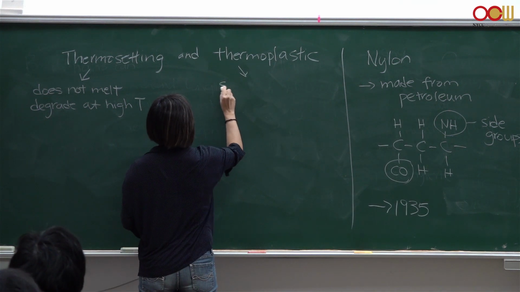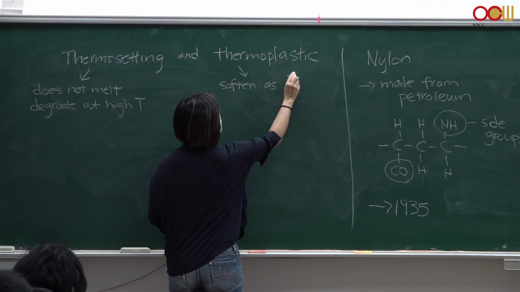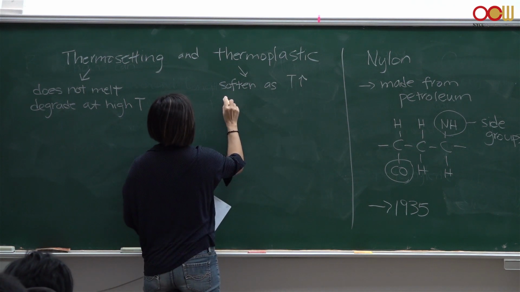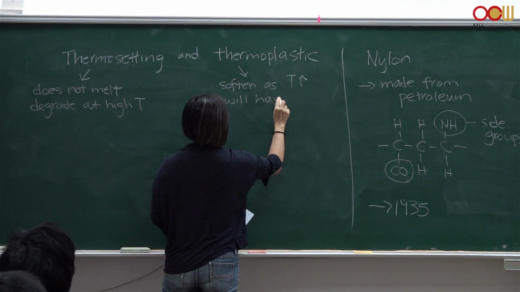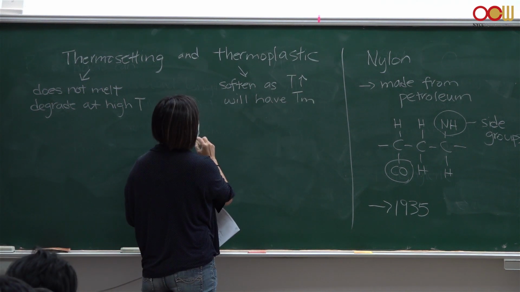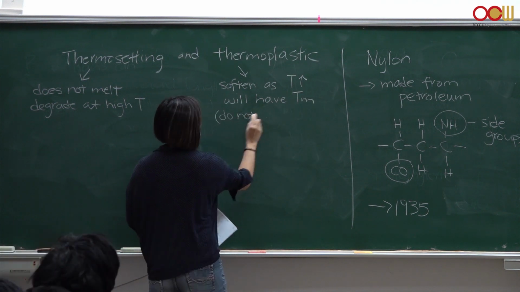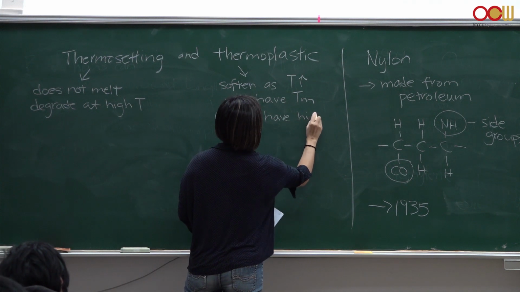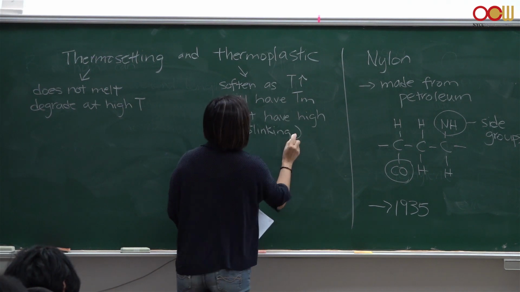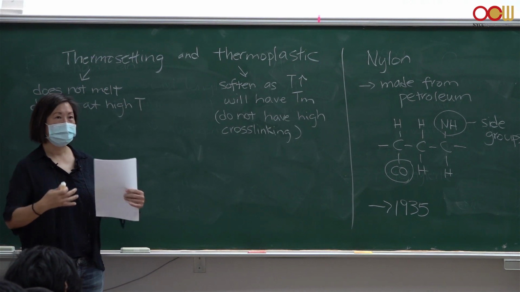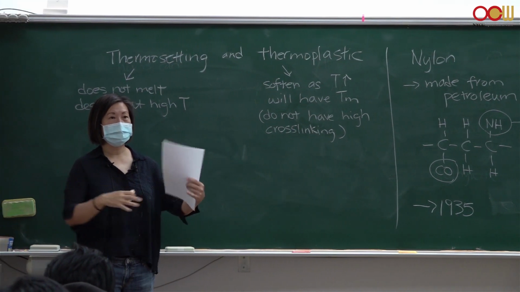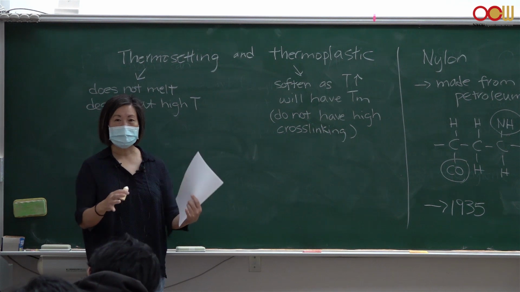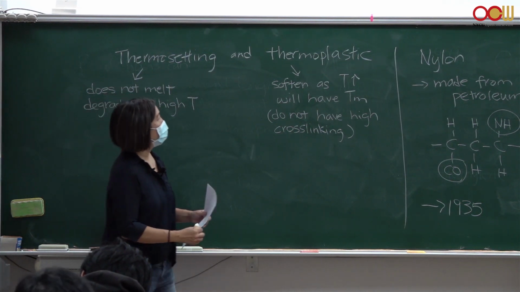Thermoplastic materials will soften as the temperature goes up and will eventually melt, so we'll have a melting temperature. Thermoplastic materials do not have high levels of cross-linking. So when you heat it up, the secondary bonds will break and the chains will be able to move freely. So they start to soften and become a liquid.